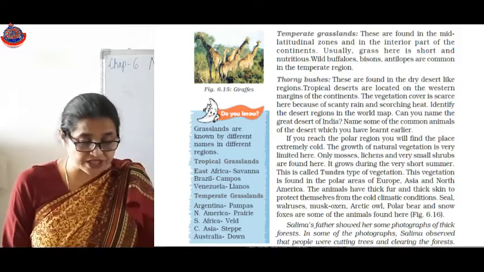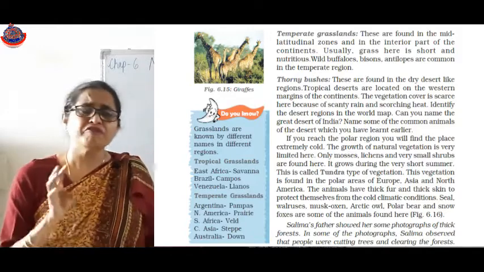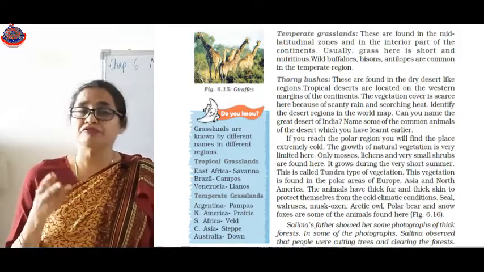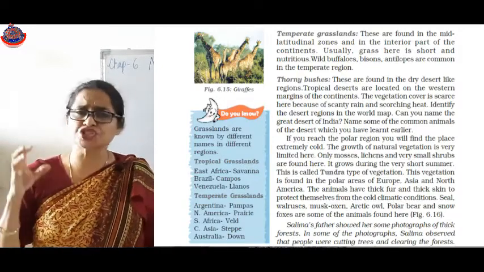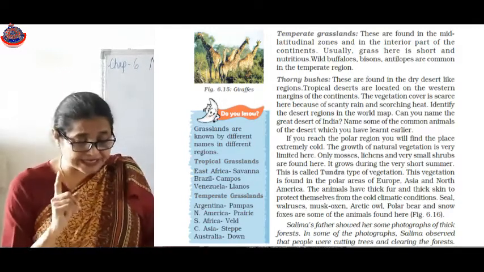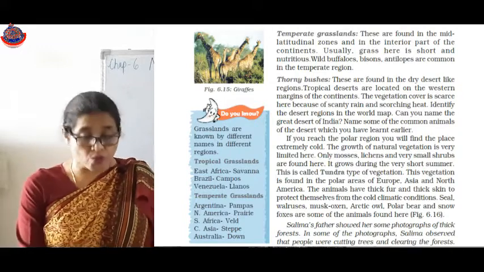The vegetation cover is scarce. Scarce meaning very less. Why? Because of scanty rain, because of very little rainfall and the scorching heat. Now you are going to identify the desert regions on the world map.